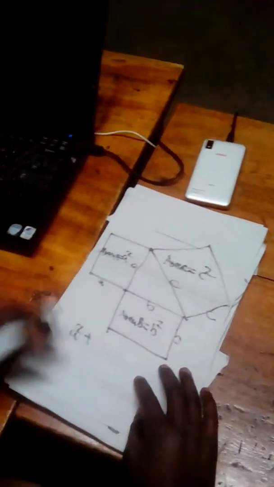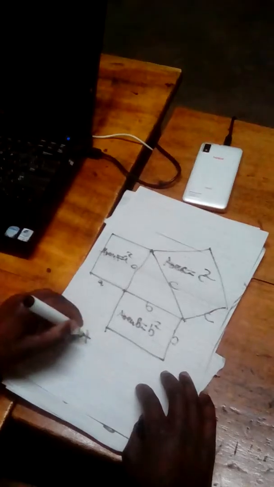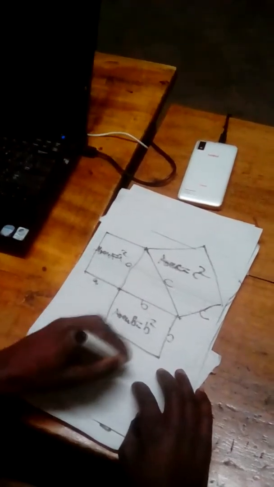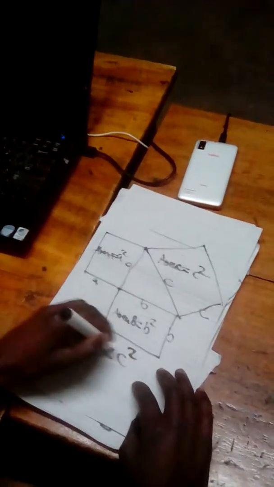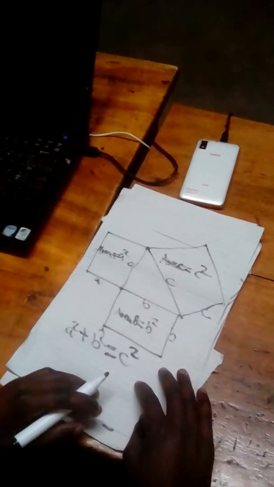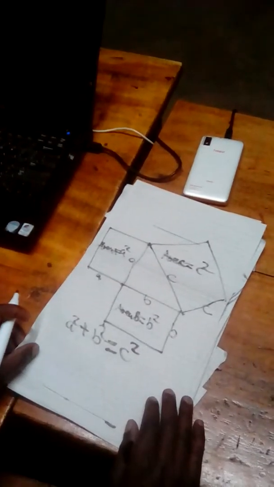So the sum of squares of the two adjacent sides will be equal to the square of the hypotenuse side. So this is the Pythagoras condition.